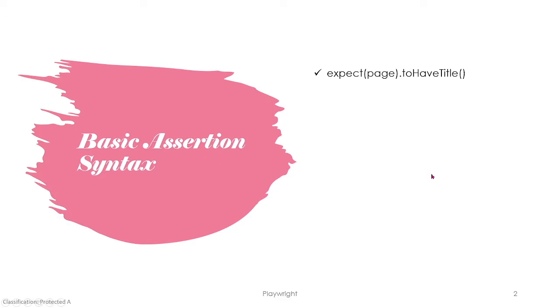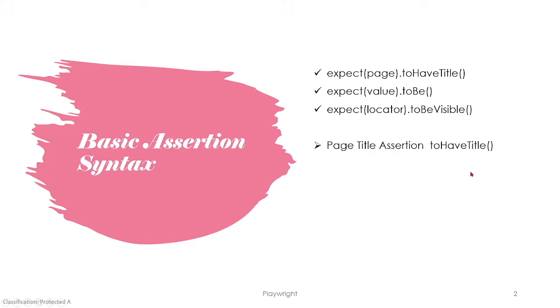Syntax. Expect a page to have title. Expect a value to be something. Expect a locator to be visible. Page title assertion: to have title.